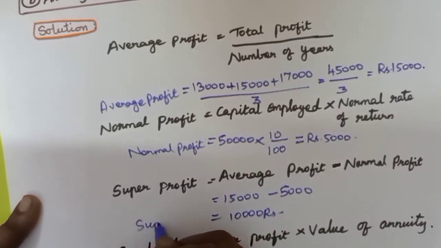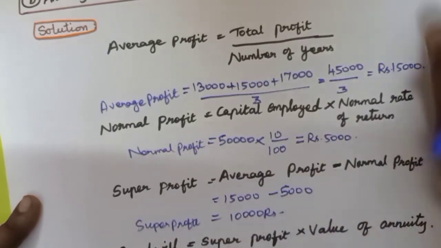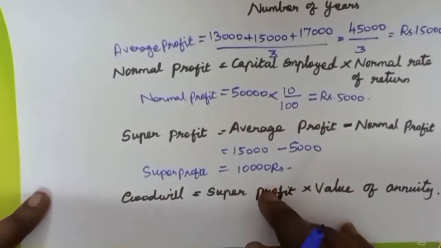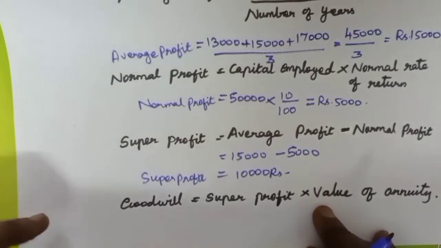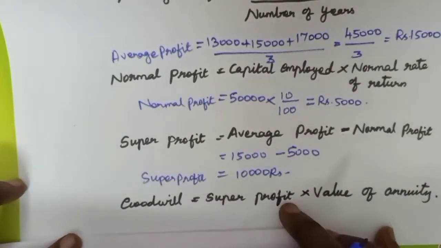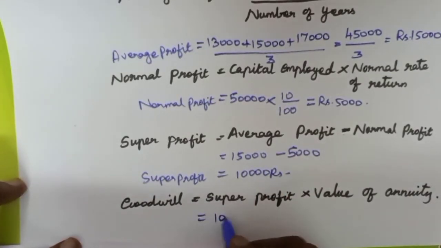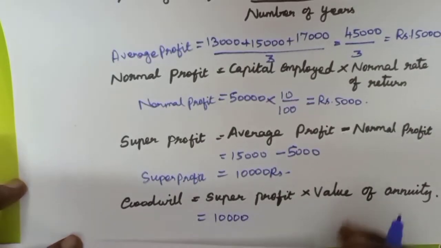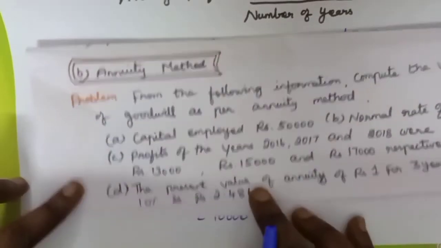So goodwill is equal to, what is the formula? Super profit into value of annuity. What is the super profit? 10,000. The value of annuity is given in the problem.